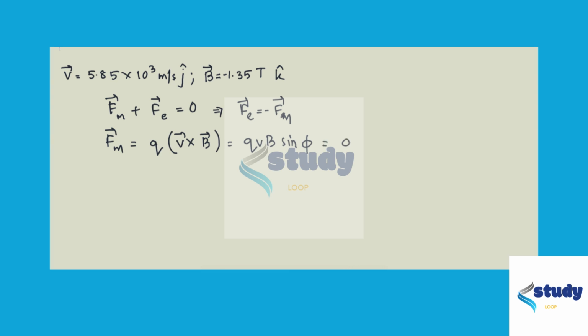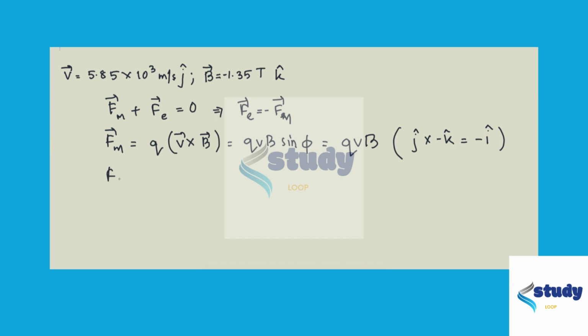So the magnitude is Q times V times B. Now the direction will be given by J cap cross, as you can see there's a negative sign here, so negative of K cap. This is given by the cross product by the right hand rule. So this is negative of I cap, or the negative x-axis.